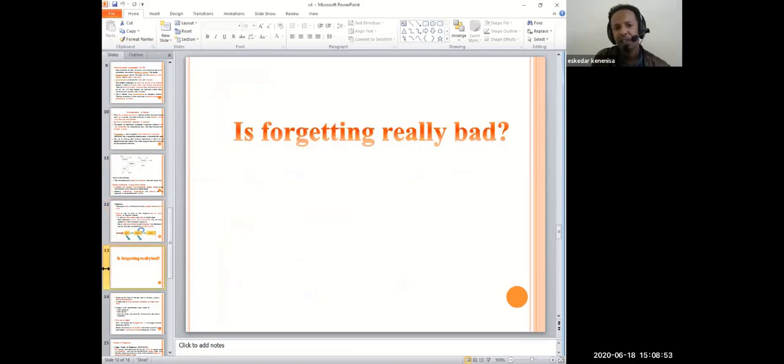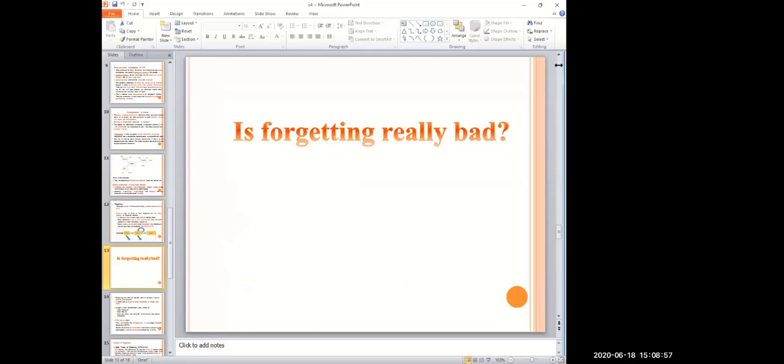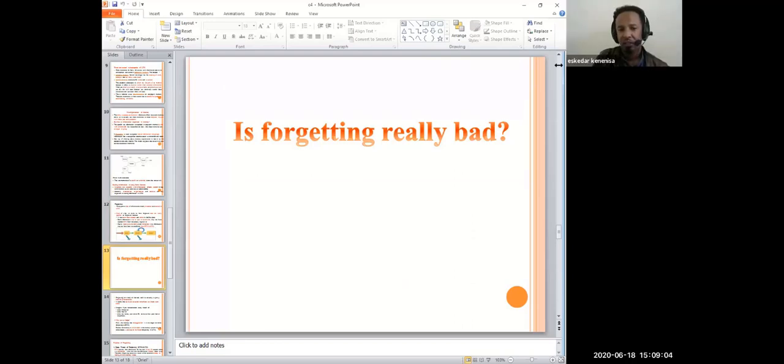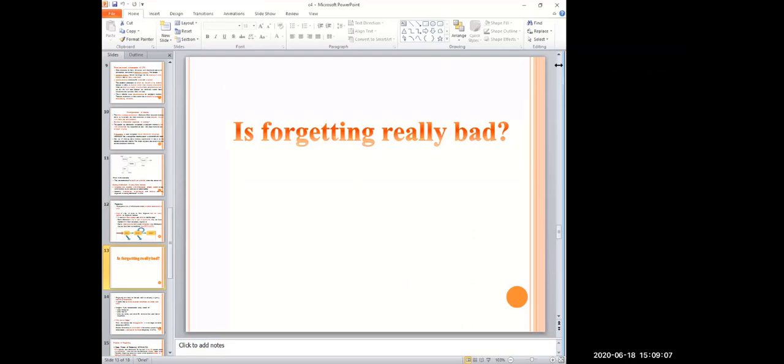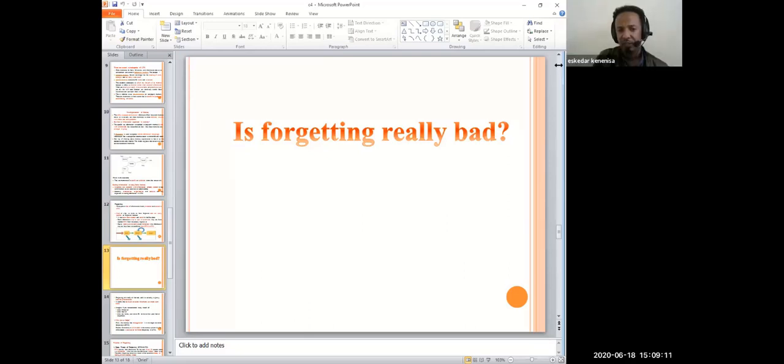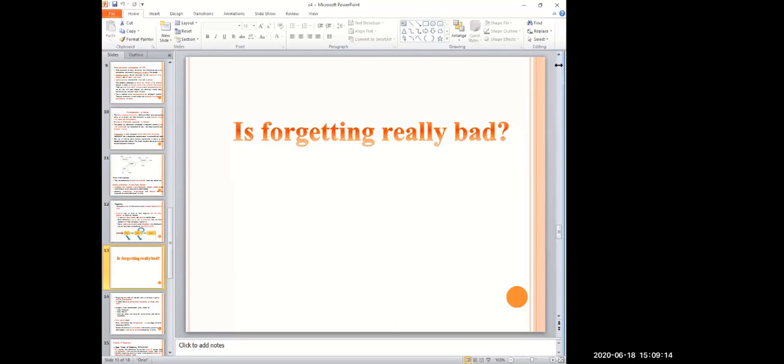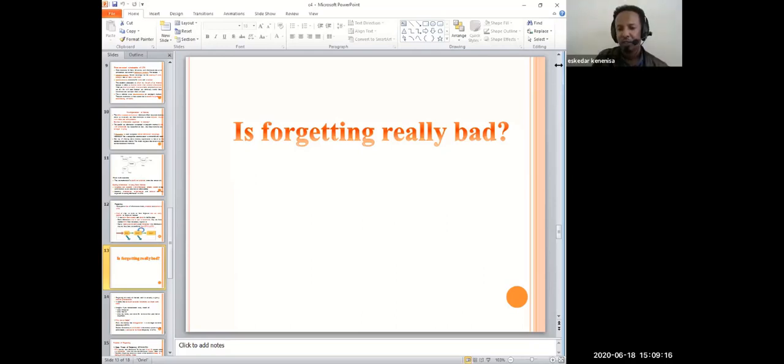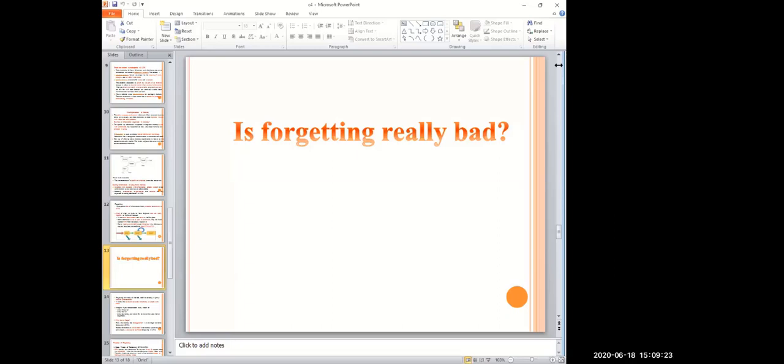Is forgetting really good or bad? Can anyone tell me? It depends on the information. Sometimes there are events we don't want to remember. So will you give it out of 100, is it good or bad, give it a percent in percentile form. 80-20.